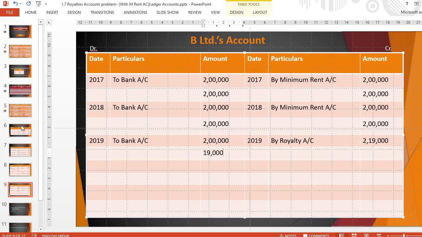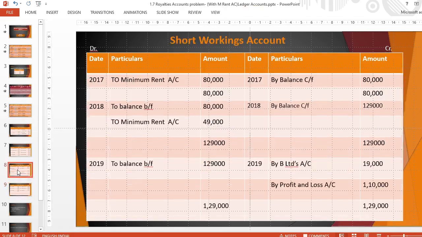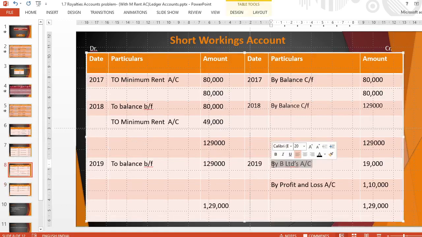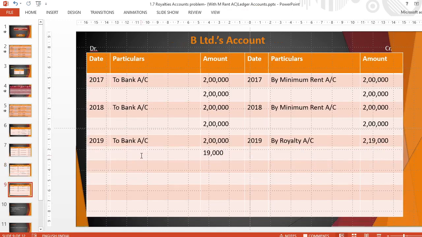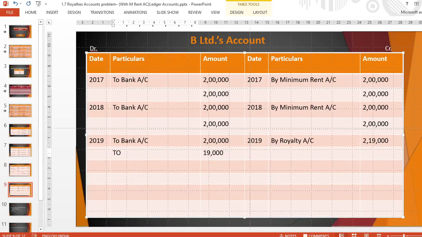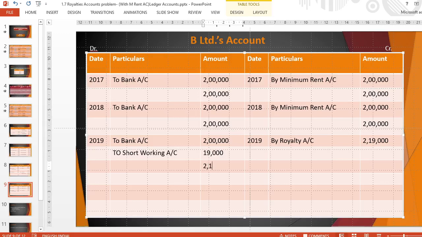For short working recoupment, we have an entry in short workings account. In the year 2019, we have passed the entry lessor's account debit to short workings account, so the corresponding entry in lessor's account is to short workings account, 19,000. Now I'm going to close the books: 2 lakh 19,000 on the debit side and 2 lakh 19,000 on the credit side.